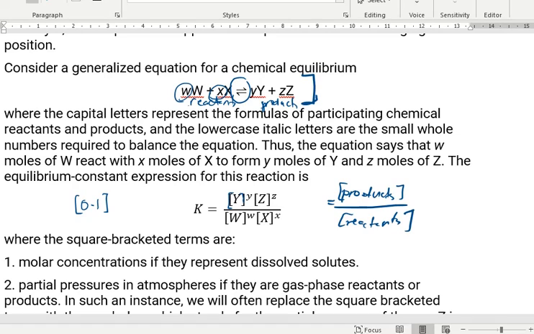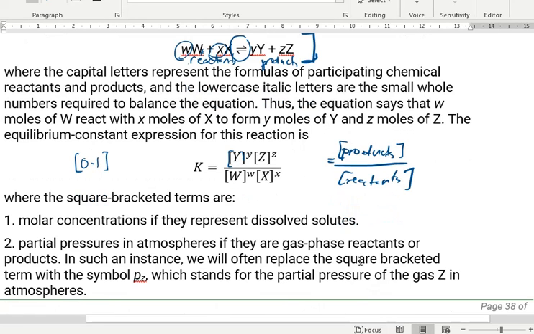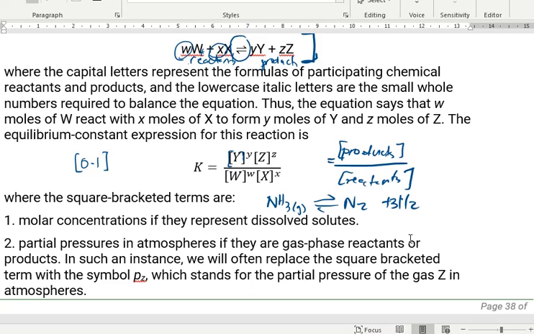Okay? We can see from the balanced equation that it exists in the aqueous solution form, or it could be a pure liquid or solid or gas, okay? However, if your components are gases, such as in the Haber process, then you can replace this with pressure, or with the partial pressure of each gas.